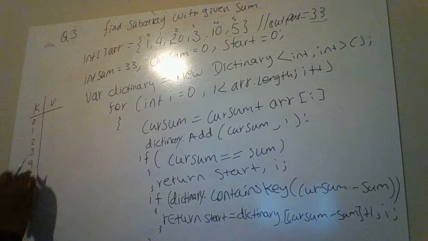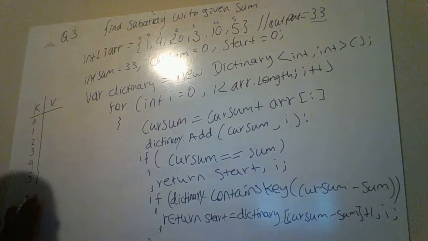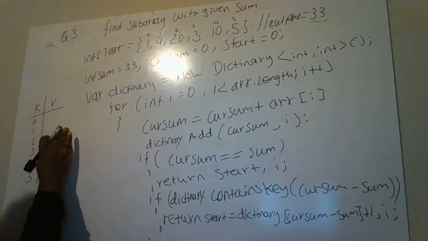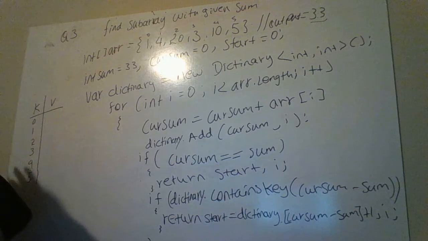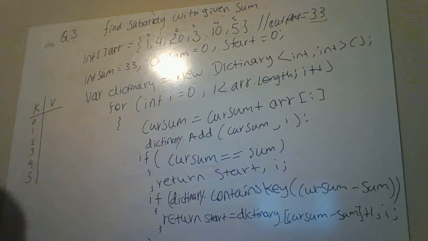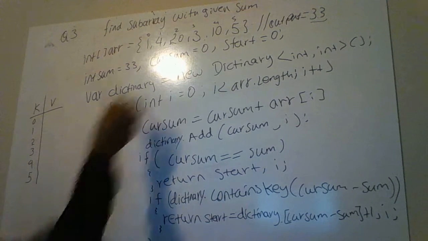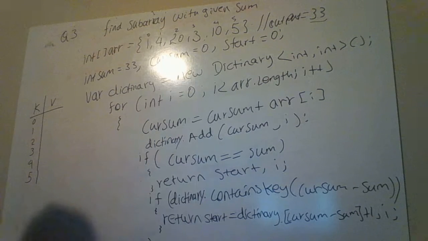So for my keys I'm gonna put my indexes, and then on my value I'm gonna put what my sum is when I add each element.